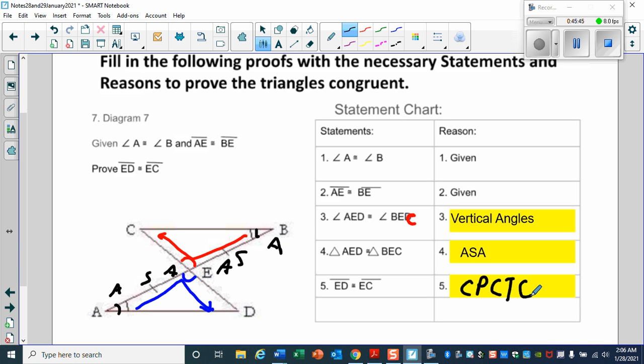Again, notice the difference. Once you prove this, then you can get to this. But again, you need the triangle congruence. So we have to prove the triangles are congruent.